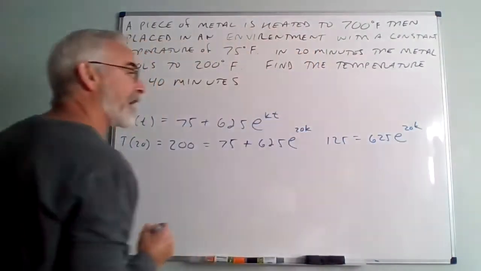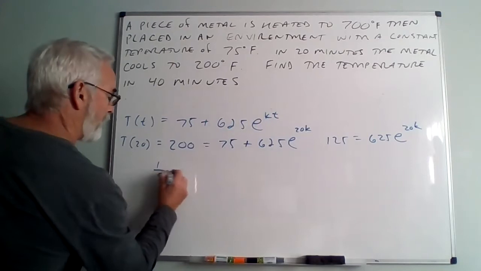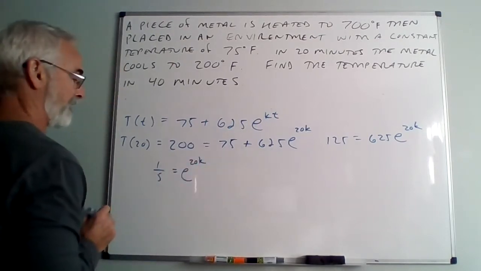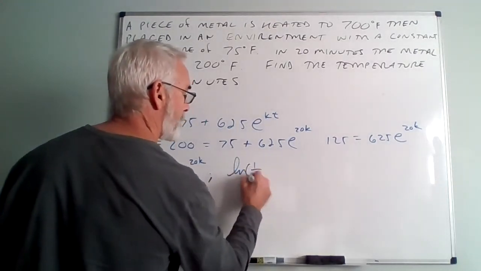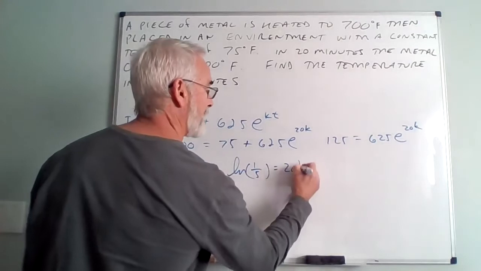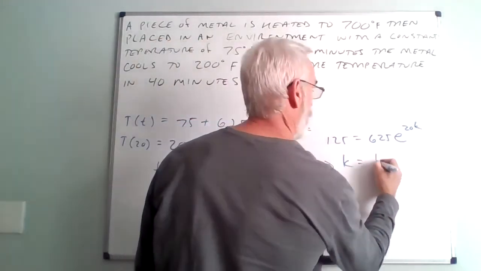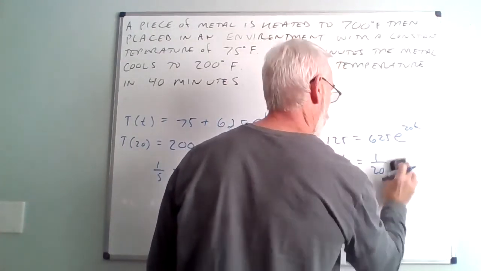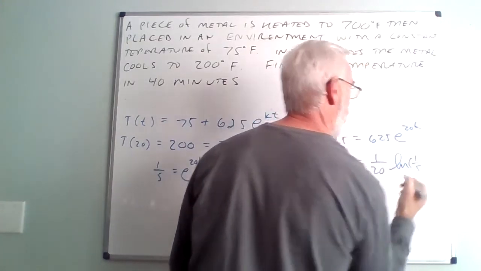Multiplying both sides by 1 over 625 gives us 1/5 equals e to the 20k. Taking the natural log of both sides, I have the natural log of 1/5 equals 20k, or finally, k equals 1/20 times the natural log of 1/5.